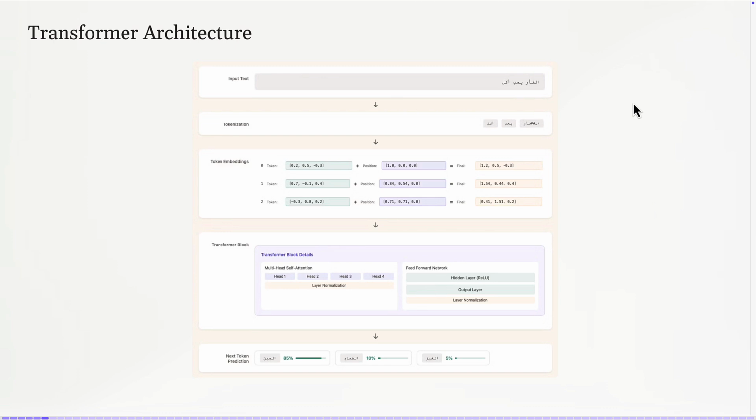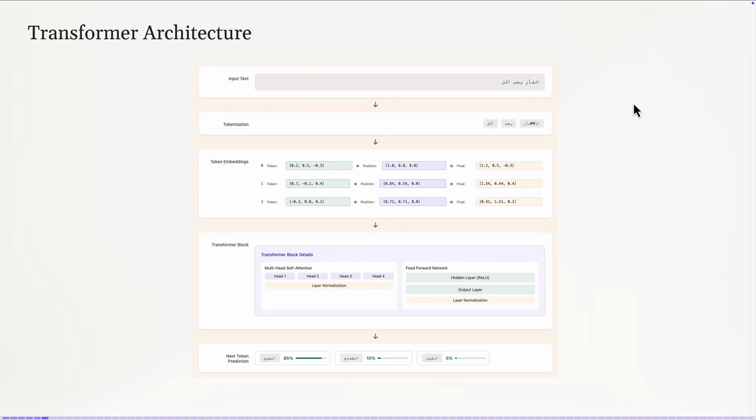This is not new. It's basically a feed-forward network that is going to take the input from the self-attention. But all the magic happens in this block, which is called the self-attention. And this is basically the focus of today's lecture. Depending on the type of architecture, at the end you're going to generate the probability of the next token.